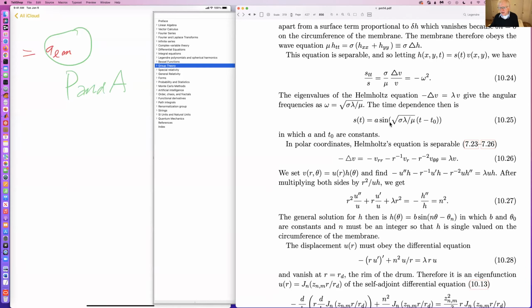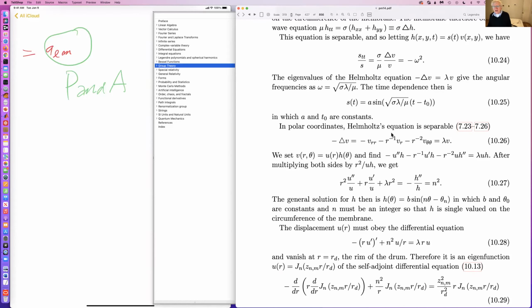Anyway, S of t then is A sine of the square root times t minus t0. In polar coordinates, the Helmholtz equation that we're left with, namely this thing, separates.